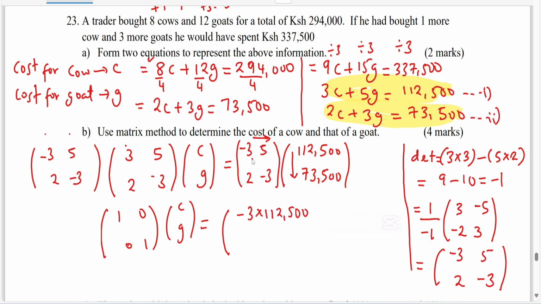So this times this, then 5 times plus 5 times 73,500. Then check 2 times 112,500 plus negative 3 times 73,500.